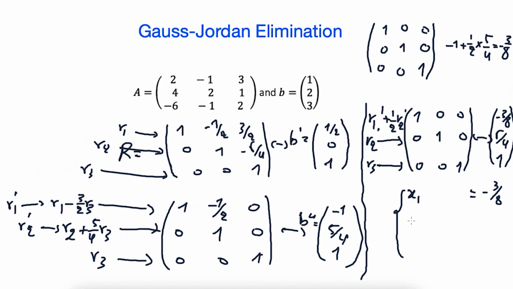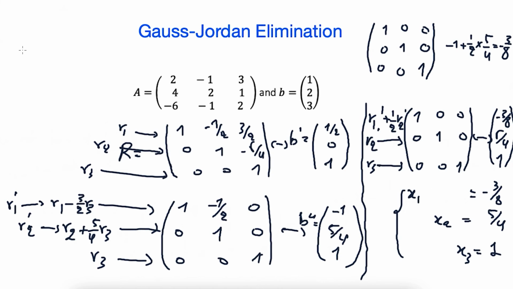And the same here, the coefficient for x1 is 0, and also for x3, so the coefficient of x2 is 1, so x2 equals 5/4, and the same here for x3, so x3 equals 1. And these are the same solutions that we got in the previous lectures.